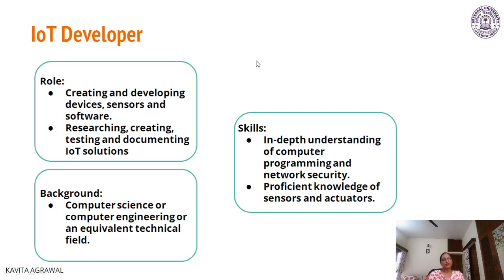The role of an IoT developer is creating and developing devices, sensors and software. It also involves researching, creating and testing IoT solutions. Another important role is documenting. Documenting is usually thought of as a very last job, but it should not be the last job.